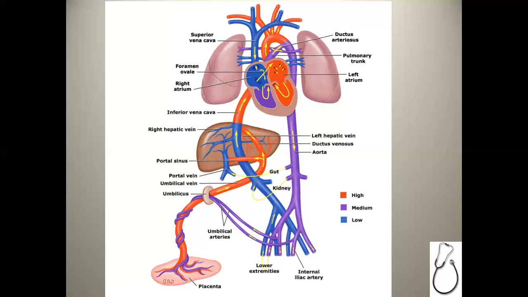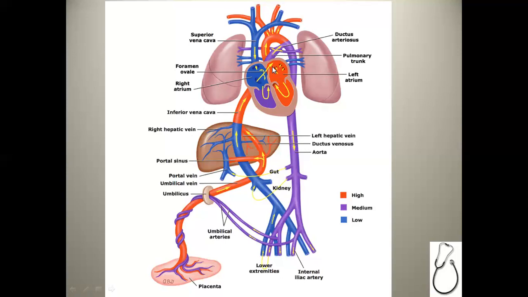Another change is the increase in the volume of the pulmonary circulation, since the entire right ventricular output goes to the lungs. This results in an increased amount of blood returned through the pulmonary veins to the left atrium.